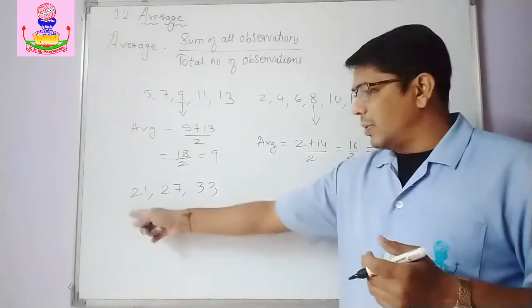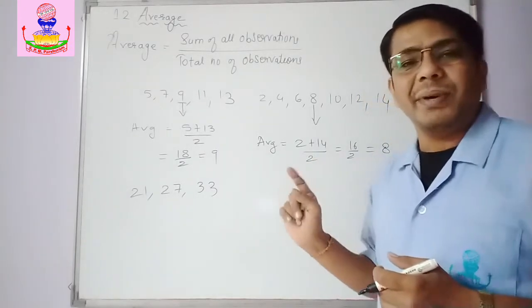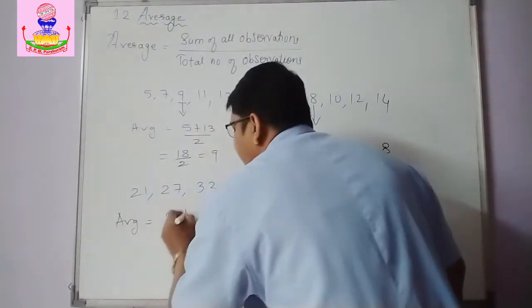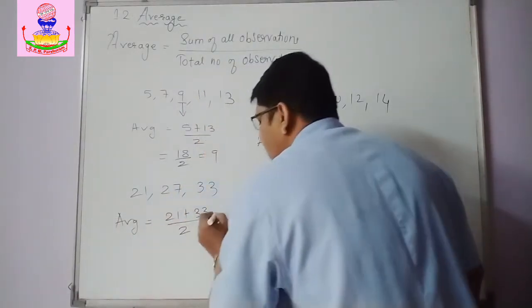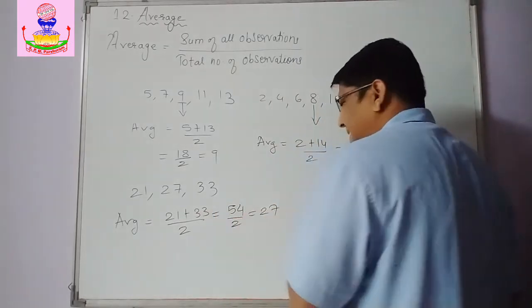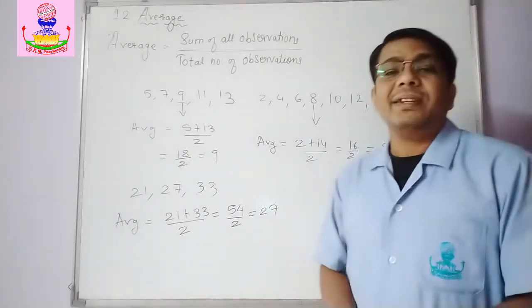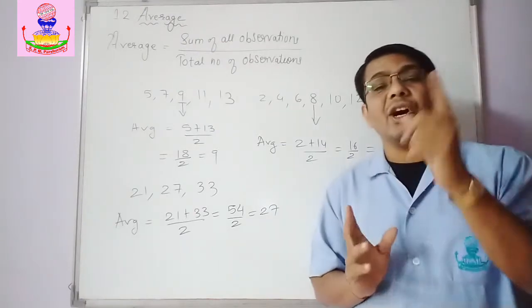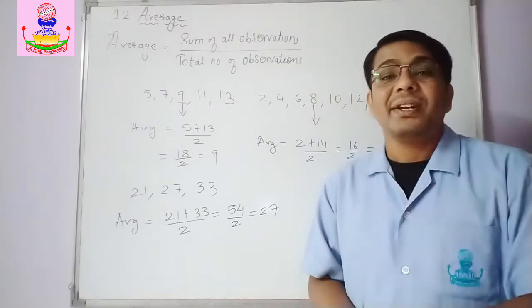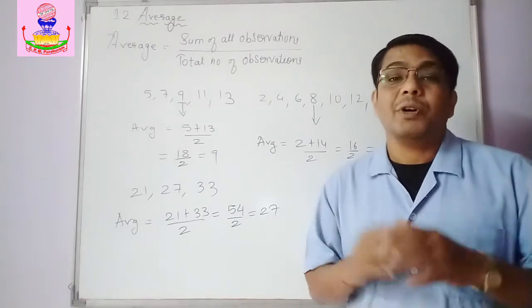Again it is the middle number because there are three observations. How to check it? As I've said, first number plus last number, 21 plus 33 divided by 2. So 54 upon 2, that is 27. So if there is a common difference between the numbers and the number of observations is odd, then the average is always the middle number. Do you get it?